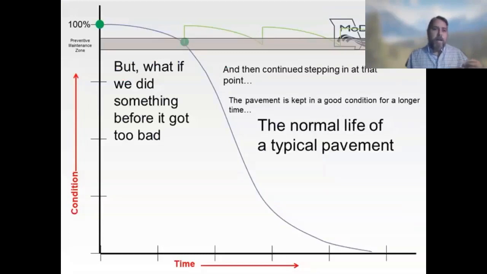As part of how we approach the strategies for asset management, it's interesting to see what a normal life of a pavement might be. If you see the very long curve that has a steep portion and then starts to go out at the bottom, that's the normal pavement life.